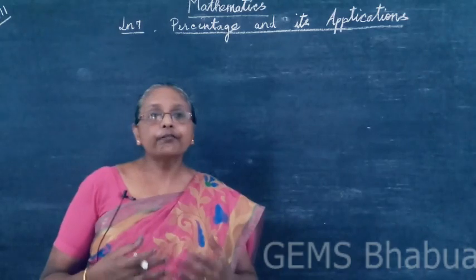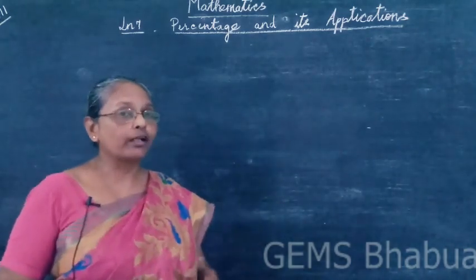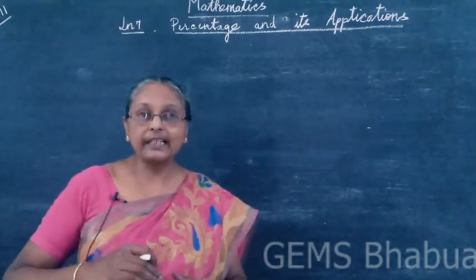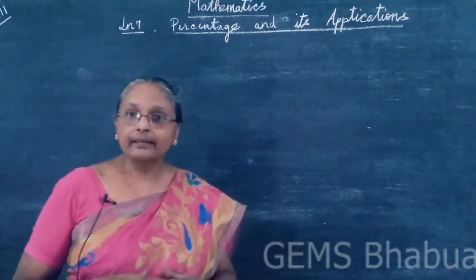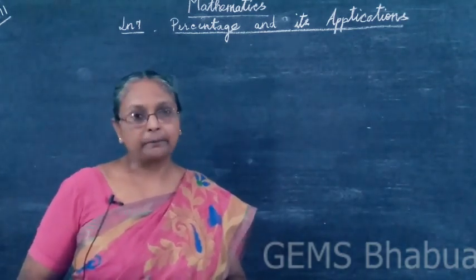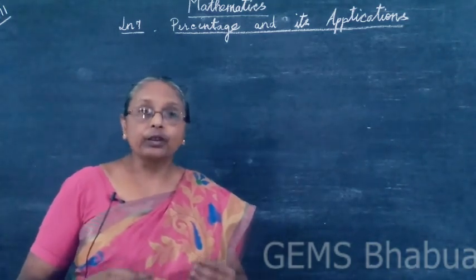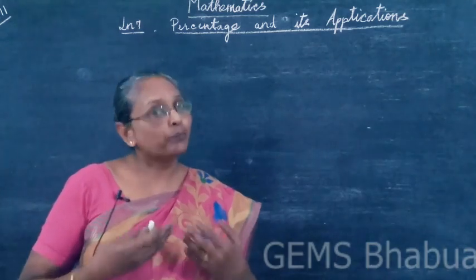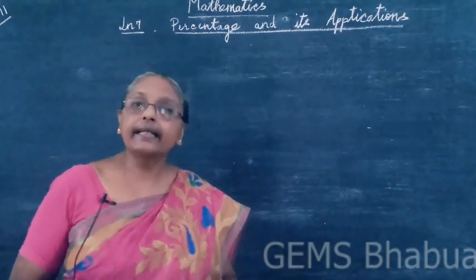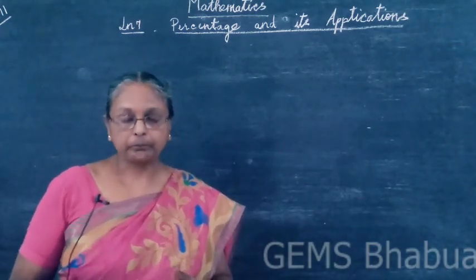And if you are buying an article for more price and selling it cheaply for a lesser price, then it will be a loss. That is, if the cost price is more than the selling price, then it will be a loss.